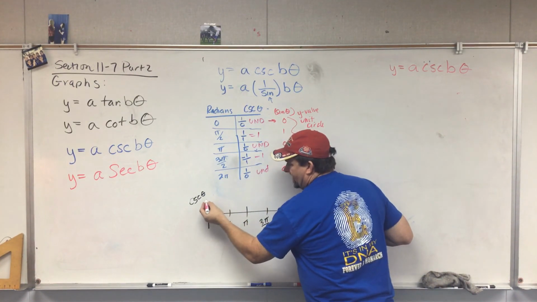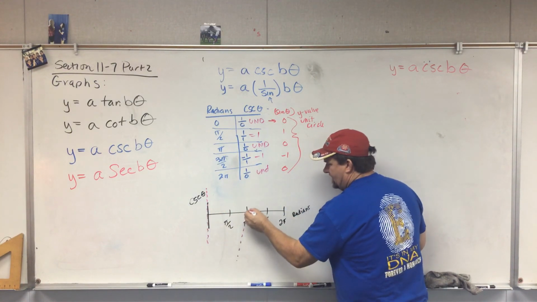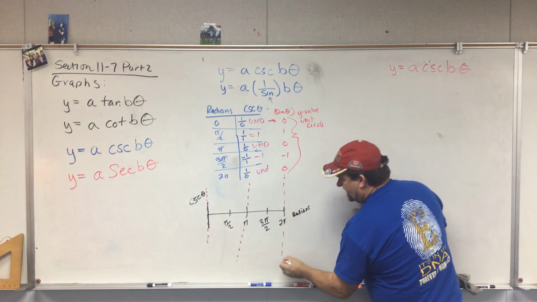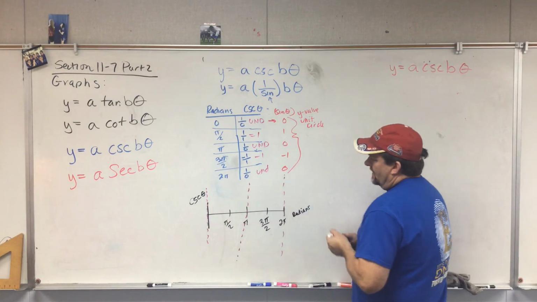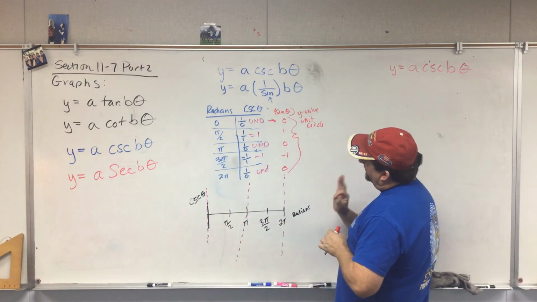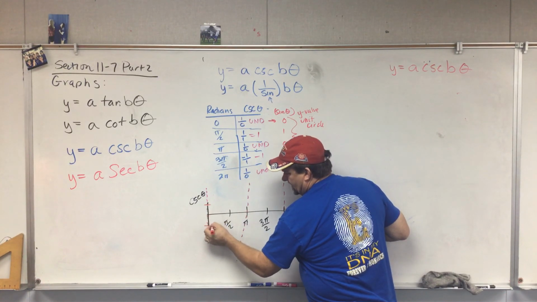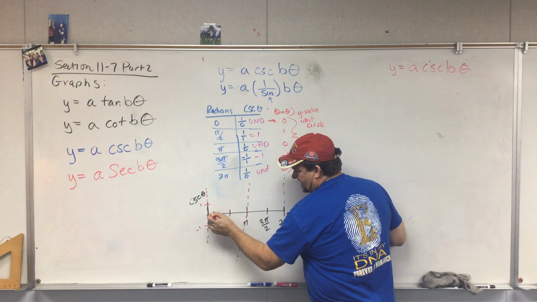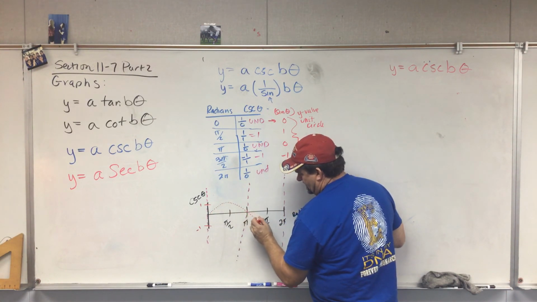So I have an undefined right here, an undefined right here, and an undefined right here. So I'm going to draw the sine graph. We'll call this 1 and call this negative 1. I'm going to do the sine graph in a dotted line right here.